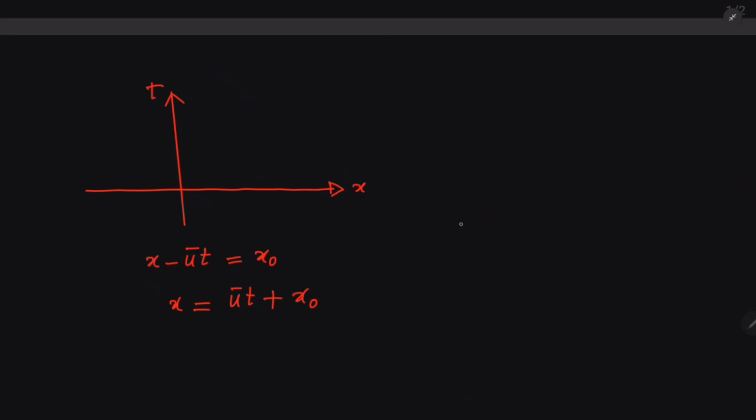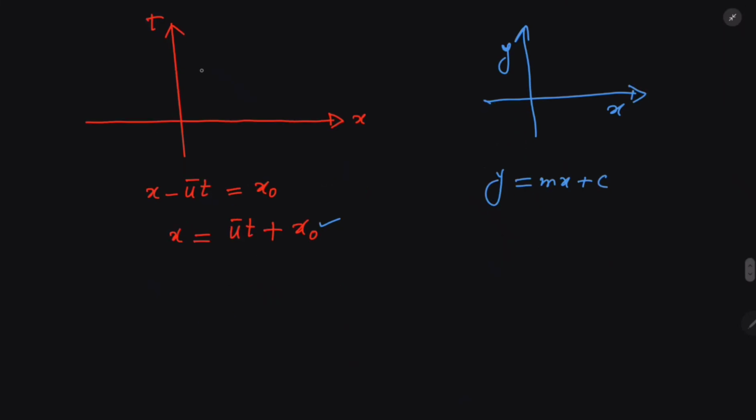Since on the y-axis we have t, and you remember from calculus, y is equal to mx plus c is the equation of a line, and this is the equation of a line. Whatever quantity comes on the y-axis will be on the left hand side. So if t is on the y-axis, t should be on one side.